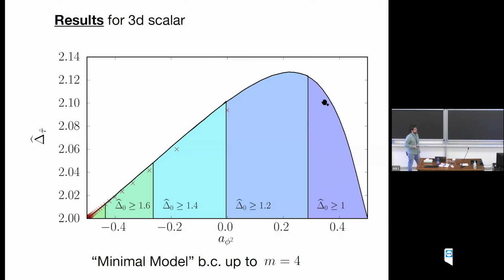What you find is that as you reduce the gap below 1, you find basically a continuous family of kinks. You see, the excluded region has this sharp feature here. The lowest one is delta 0 bigger than 1. Then as you increase it, you reduce, and you have these corners here. And these corners are actually extremely close to our perturbative result for the scalar coupled to the minimal models.